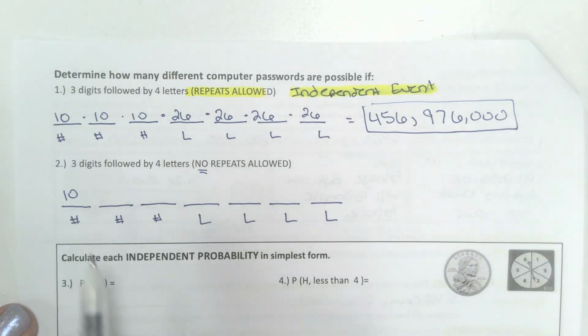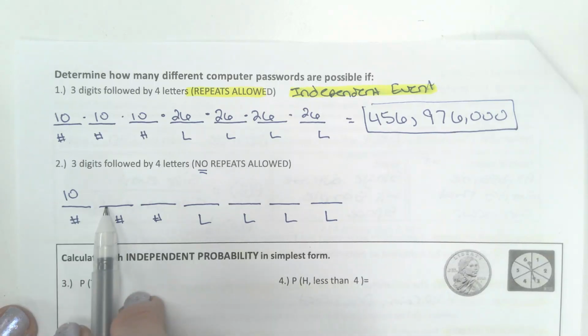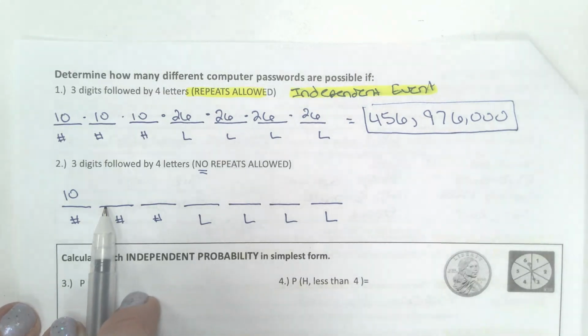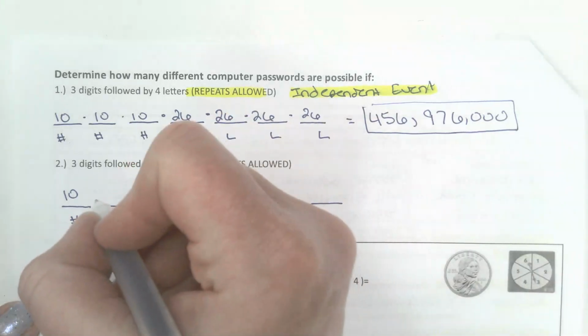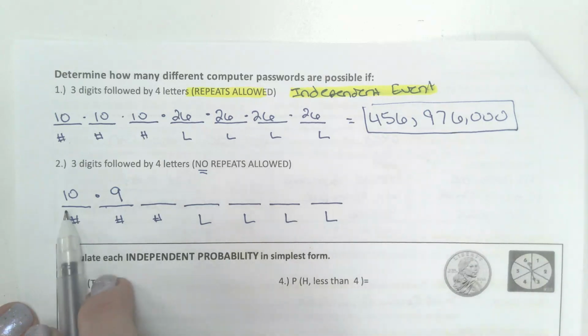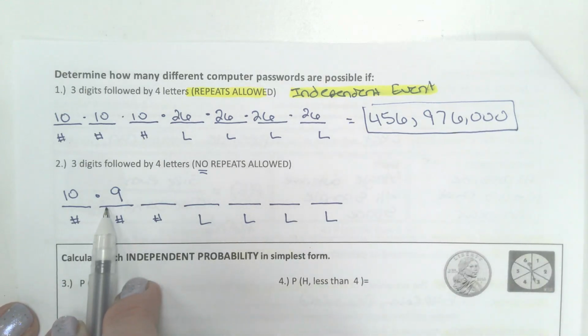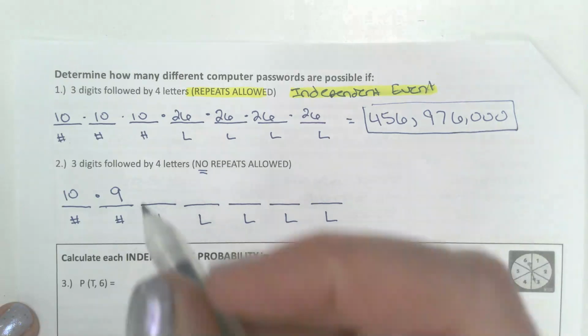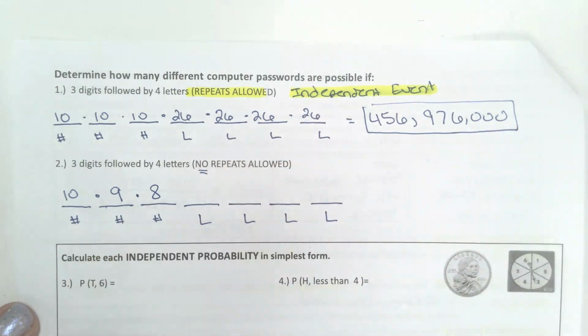But if you used a 1, now you're not allowed to use the 1 again. So now how many number choices are you down to? 9. And then maybe you use the 1 and the 2 and aren't allowed to repeat. So now you're down to 8 different choices.